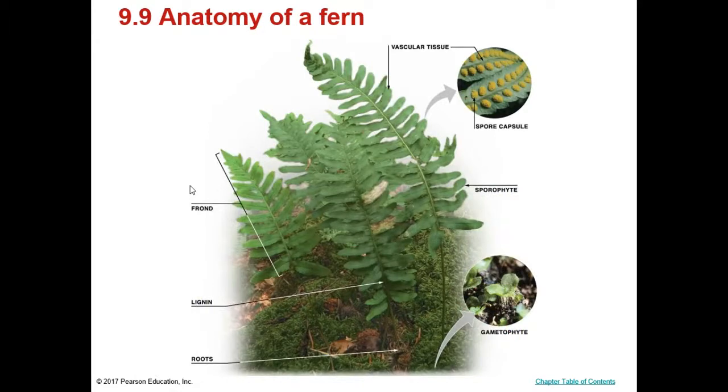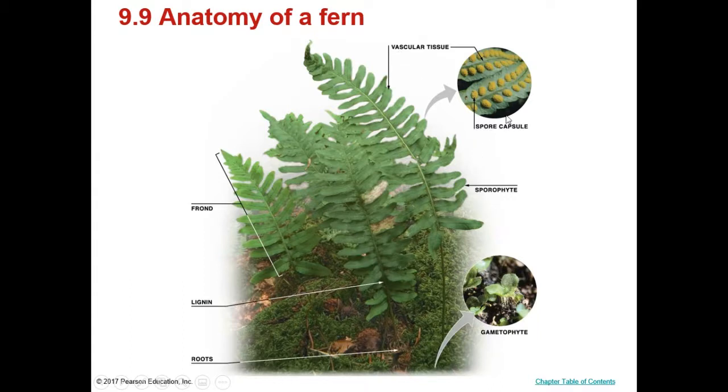All right, so here's the anatomy of a fern. You've probably seen these being sold at grocery stores, right? They're very successful indoor plants. They cannot survive, though, in very hot environments. So if you were to buy one of those from the store and put it outside, forget it. It's not going to do well, okay? So they have, again, vascular tissue, xylem, phloem.